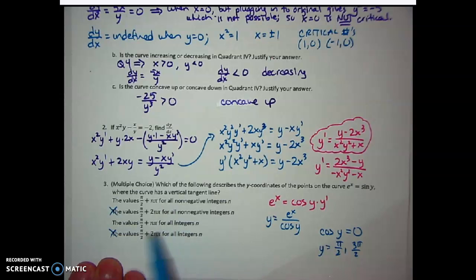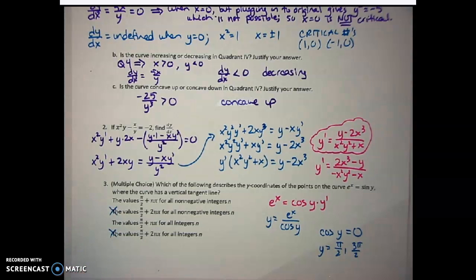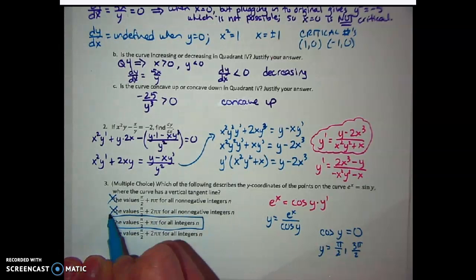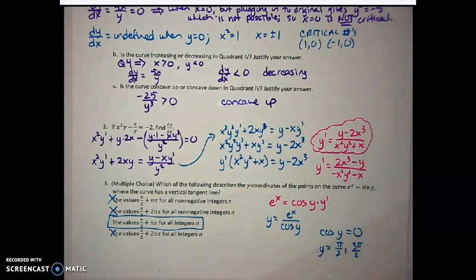Now we need to determine whether it's pi over 2 plus n pi for all integers or all non-negative integers. This isn't limited at all, so remember we could go backwards on the unit circle or on the coordinate plane. So it doesn't necessarily have to be all non-negative integers. So the third answer would be your correct answer.